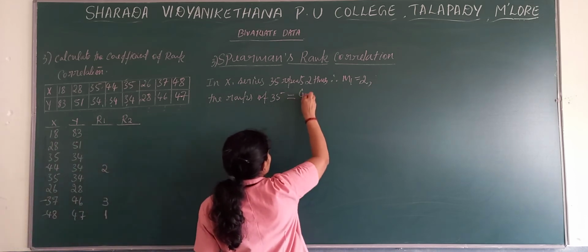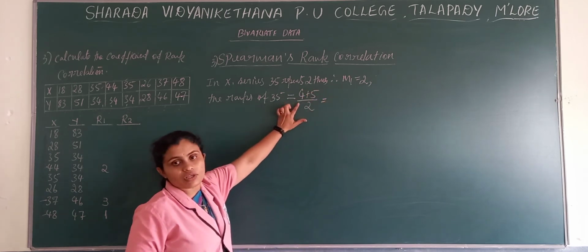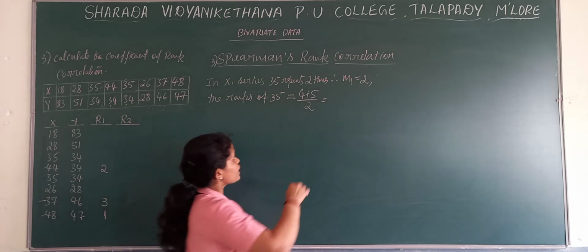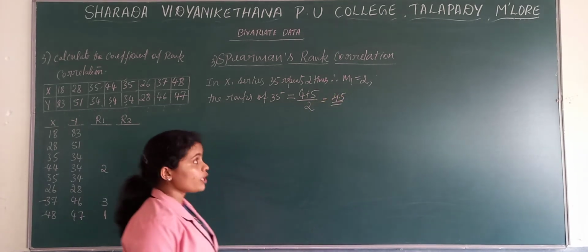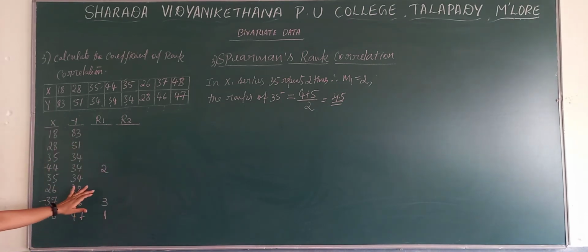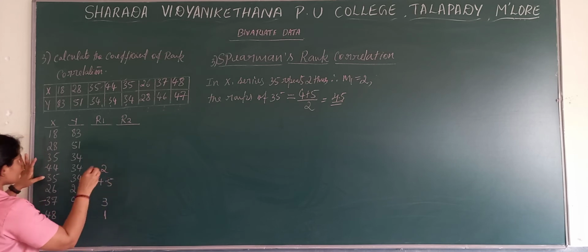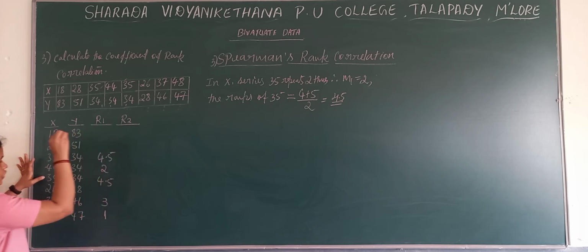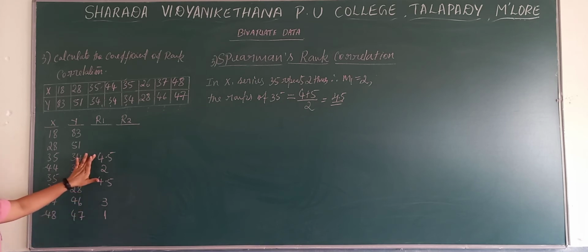So 4 plus 5 divided by 2, because we take the average of the positions. So we get 4.5. So in both the places where 35 comes, we need to write 4.5 and 4.5, because we have equal values.